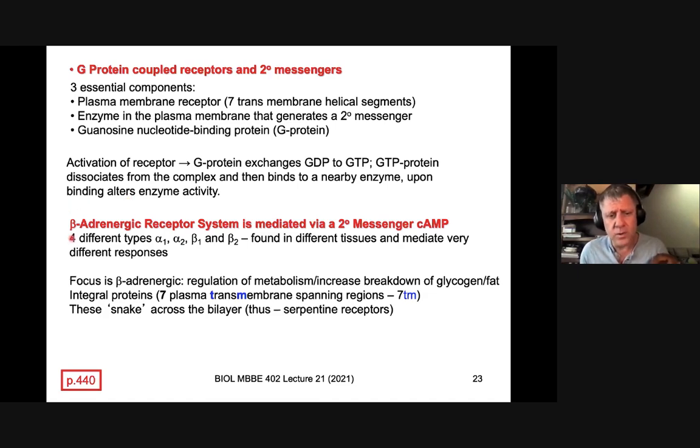So we have 4 different types of beta-adrenergic receptors. They're called the A1, A2, B1, B2. And the interesting thing is they do a similar function in regards to producing cyclic AMP, but they are found in different forms in different tissues to give you different capacities of regulation and control of these beta adrenergic receptors.